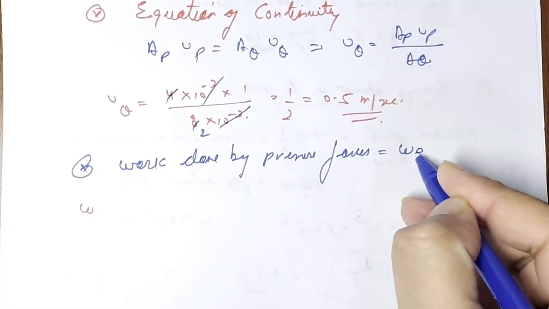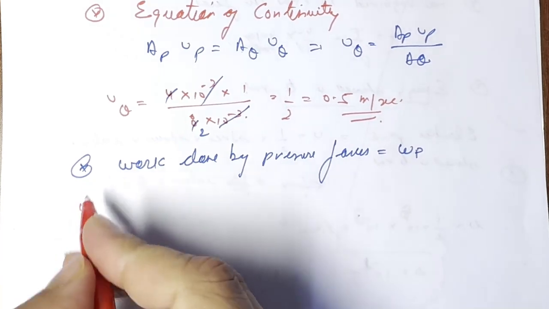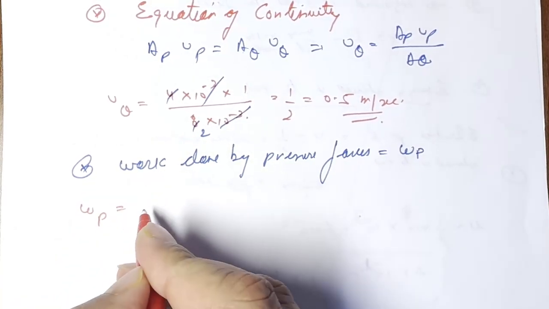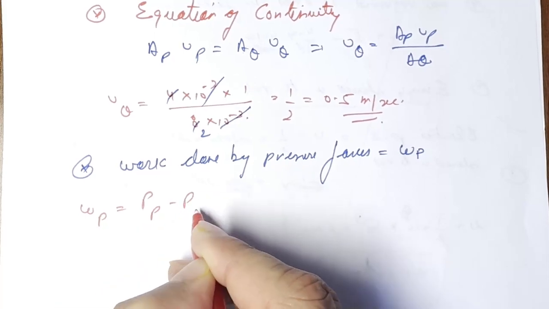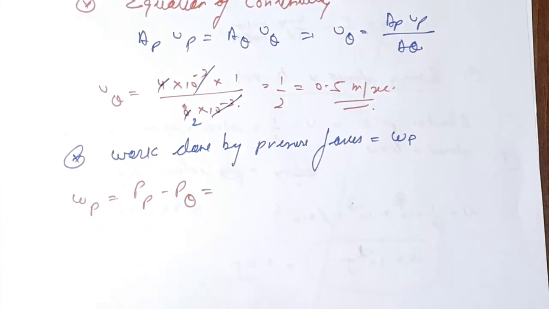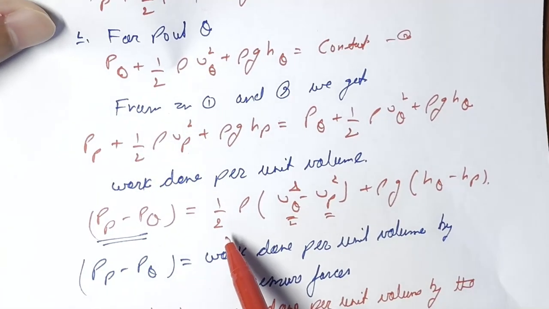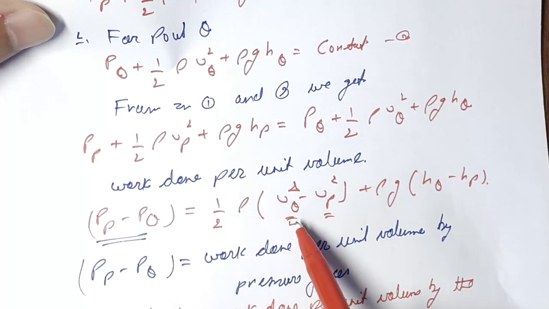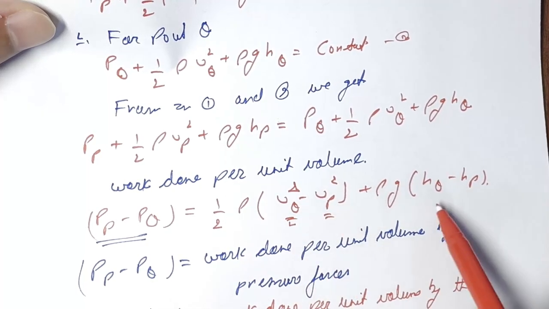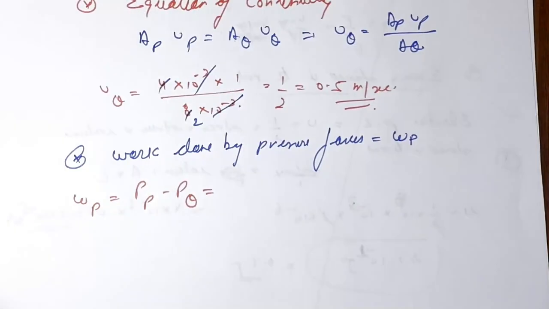Pressure is for P, looks much better. So you can say WP is equal to pressure of P minus pressure of Q, and that is equal to substituting all the values in this equation. So we have half rho VQ squared, we just found out, the rest of the values are given to us.